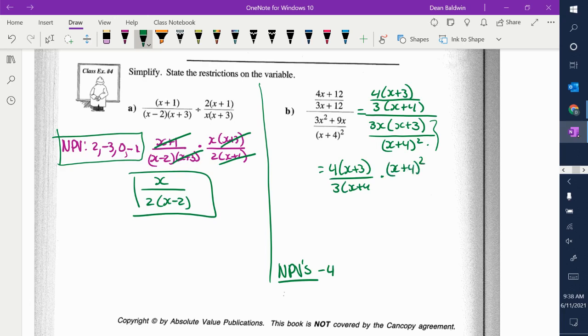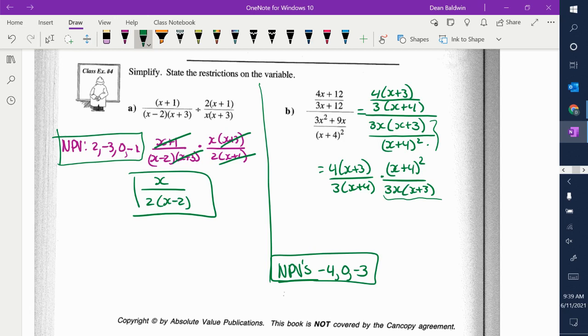That's right. So you flipped it, and now this is in the denominator. So our new NPVs are 0 and -3. Is everybody okay with that?